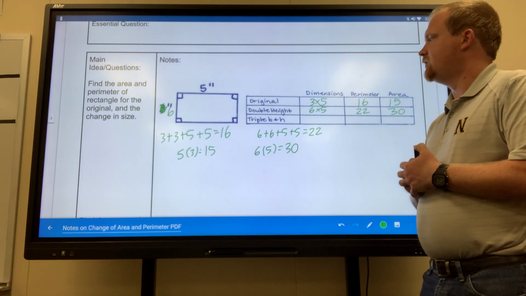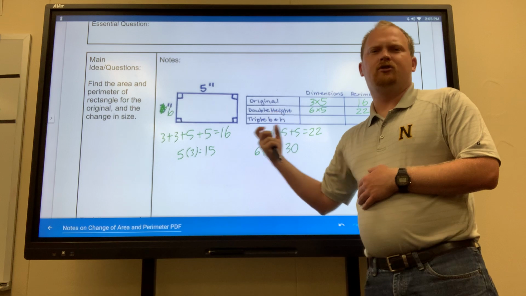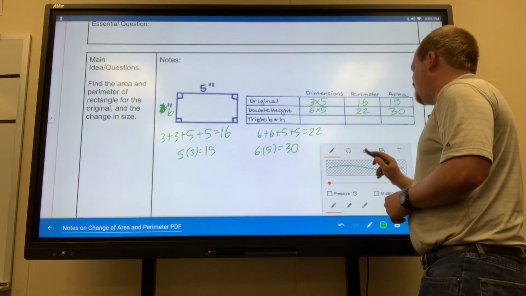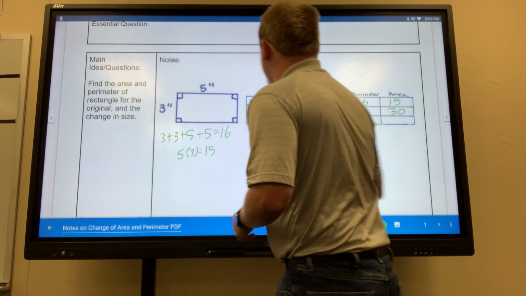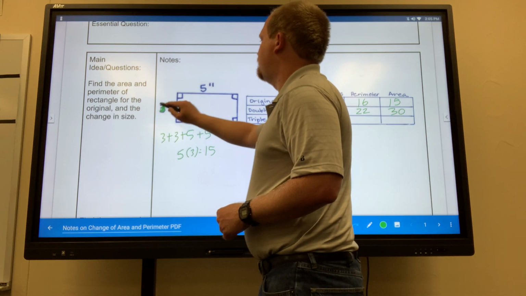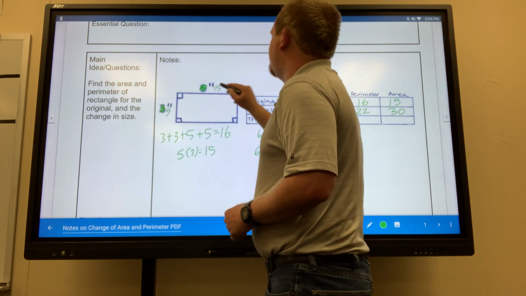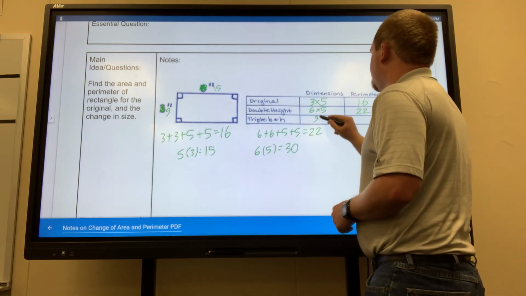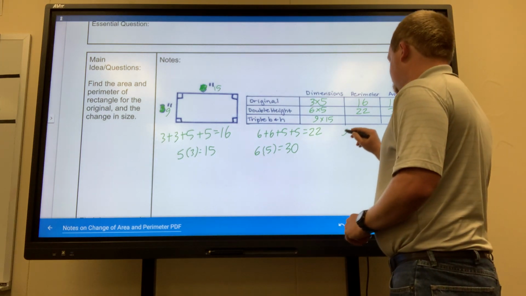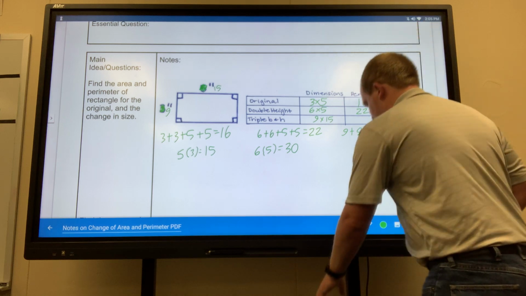Okay? Now, let's say we want to triple the base and the height. Let's say we want to triple it. And what I mean by triple, I mean triple the original figure. So if I triple this, instead of 3 it'll be 9, instead of 5 it'll be 15. So 9 by 15. So remember, I gotta add 2 9s and add 2 15s.